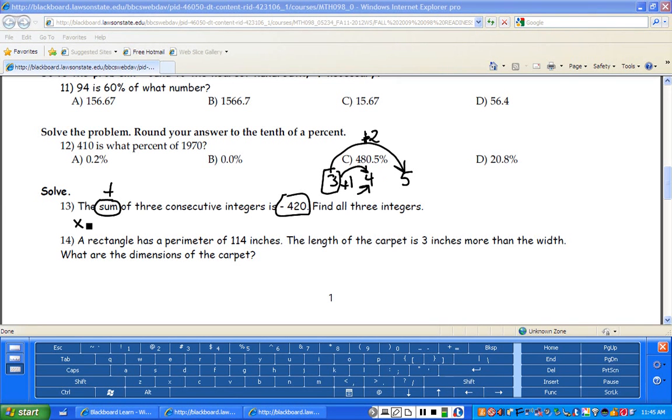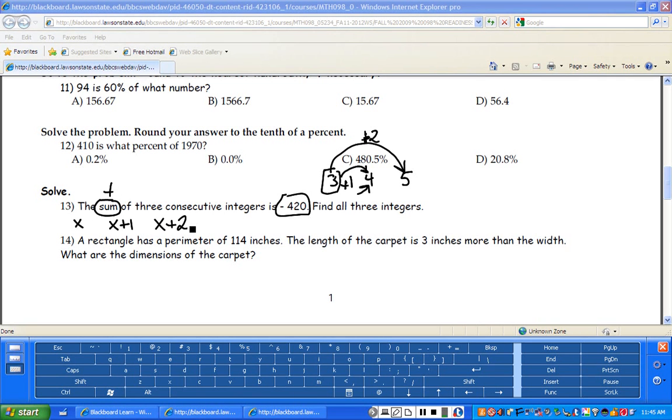Now going back to our problem, if x is the first number, to get the second number I say x plus 1. My first number plus 1 gives me my second number, just like 3 was our first number and 3 plus 1 gave us our second number. To get our third number, we say our first number plus 2.